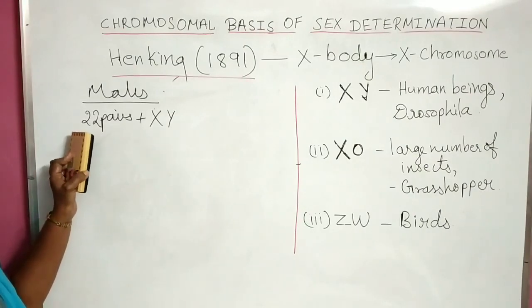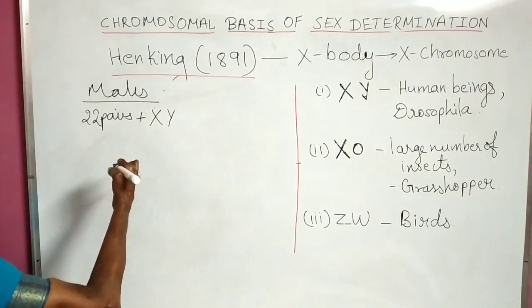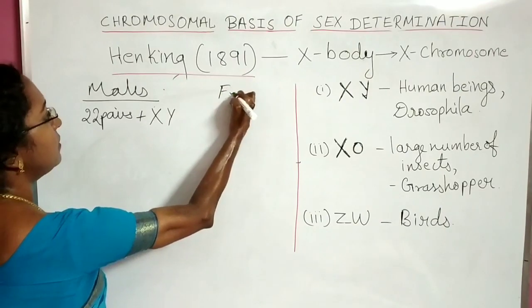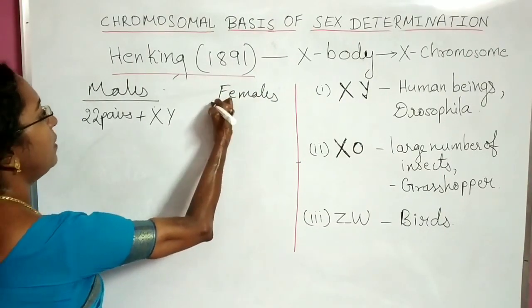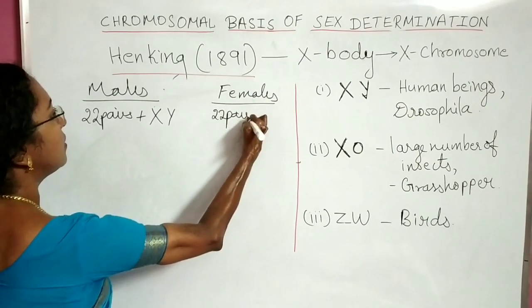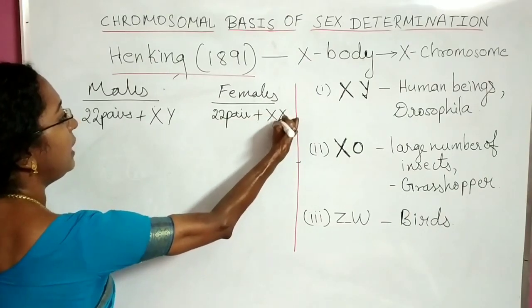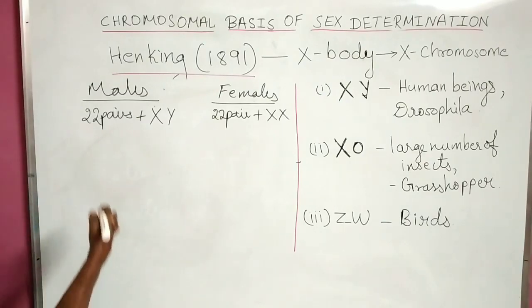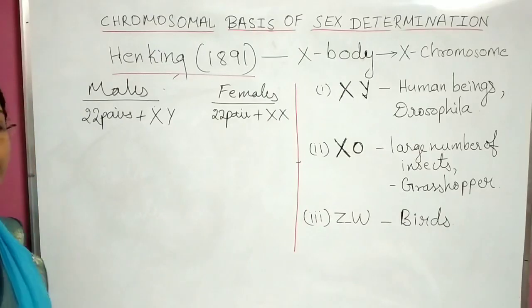So I am putting it as 22 pairs of autosomes plus XY. So this is the case of males. In the case of females, it is again 22 pairs of autosomes plus 2 X chromosomes. So this is how it is 22 pairs XY in males, 22 pairs XX in females in the case of human beings.